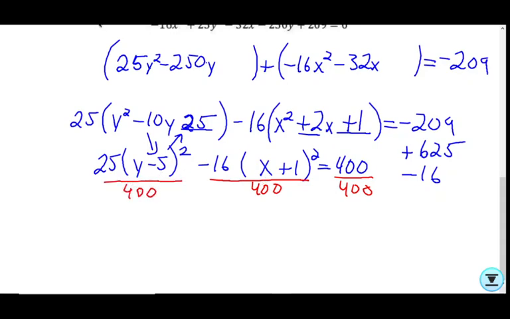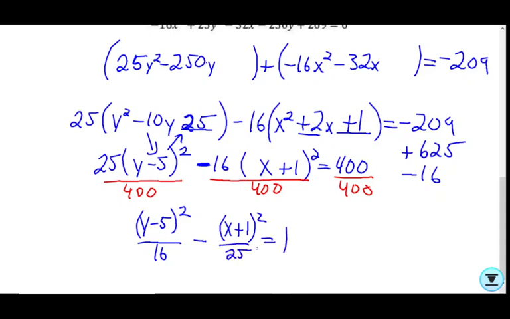And now we're going to reduce those fractions. 25 and 400 are both divisible by 25, which leaves me with y minus 5 squared over 16, minus, and then 16 and 400 are divisible by 16, which leaves me with x plus 1 squared over 25 equals 1. And there's my conic form for my hyperbola.